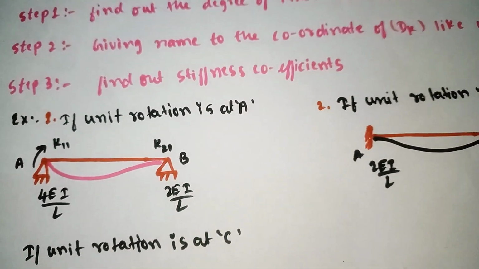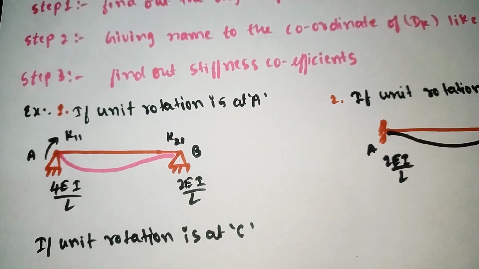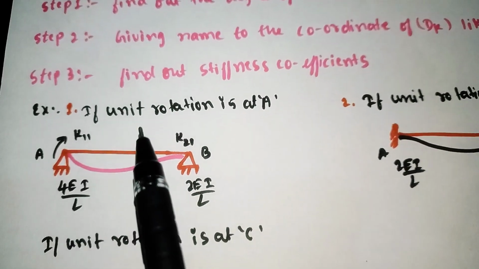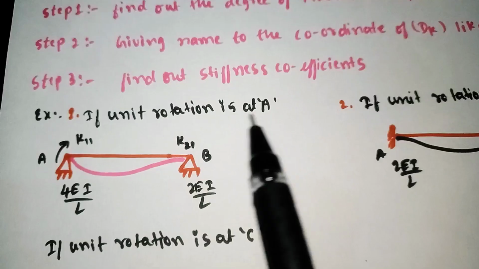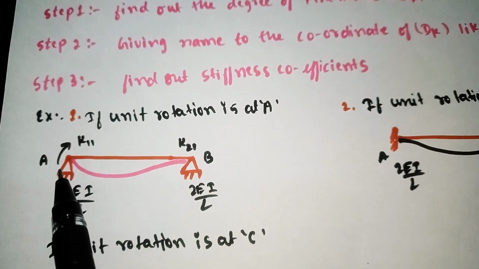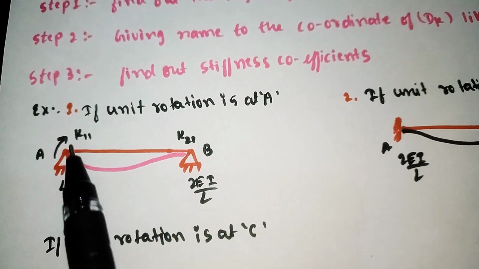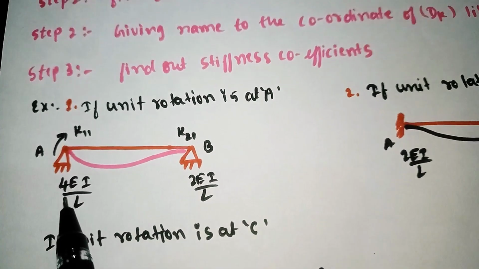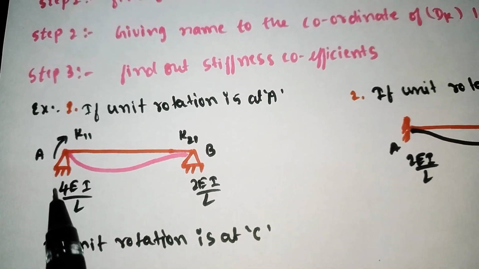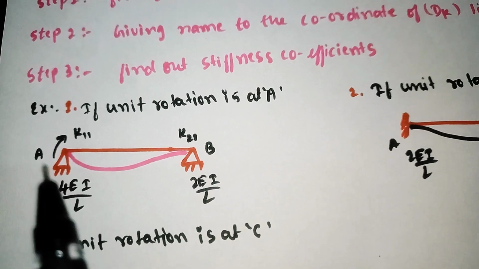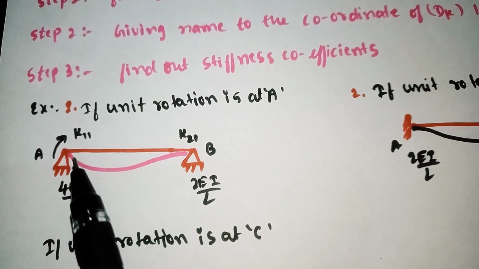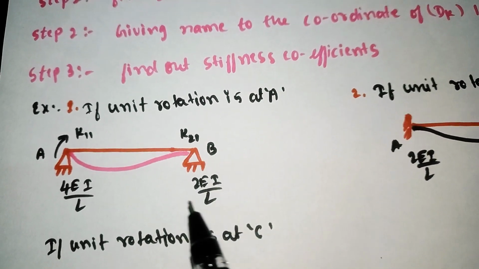To find out the stiffness coefficient, for example, if a unit rotation is applied at point A, it always rotates in the clockwise direction. The force produced at this point is 4I divided by L, and the force carried over from here to point B is half of this.